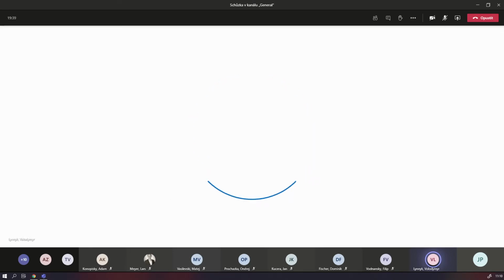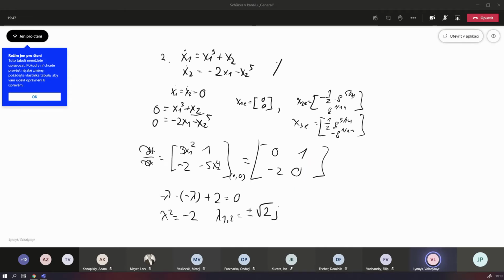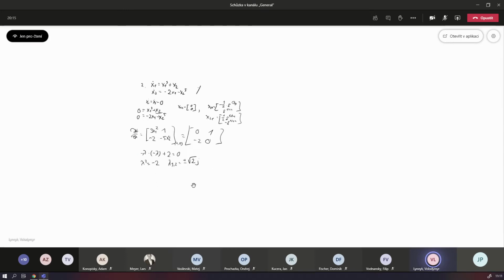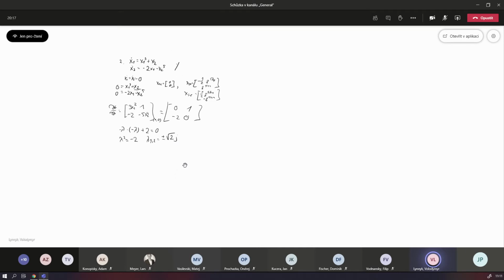Exercise 3, and you need to check the stability of the origin, the stability of the equilibrium points, of the system described by the equation x1 dot equals minus x1 cubed plus x2, and x2 dot equals minus 2x1 minus x2, and this system has only one real equilibrium point, okay.